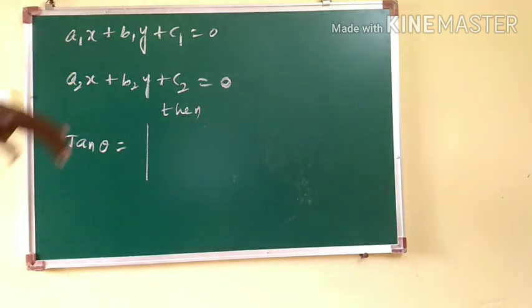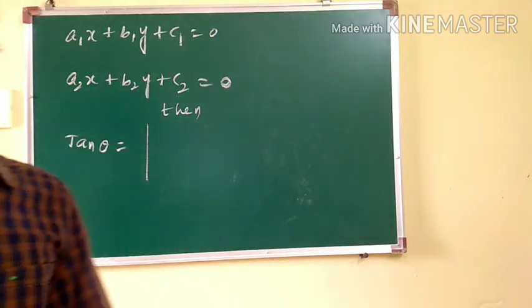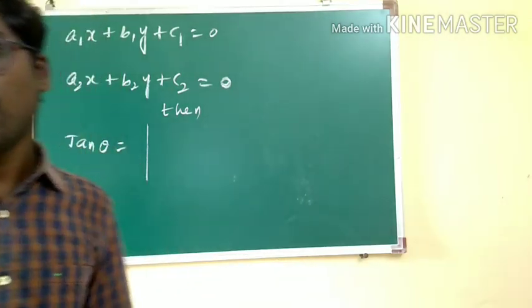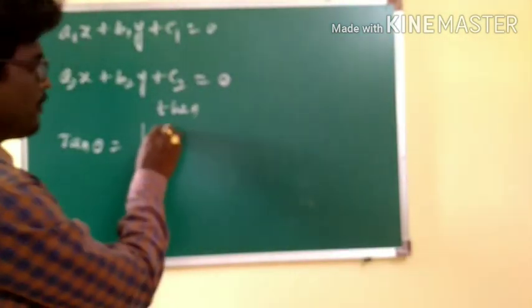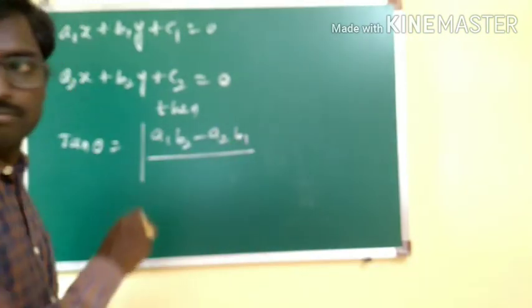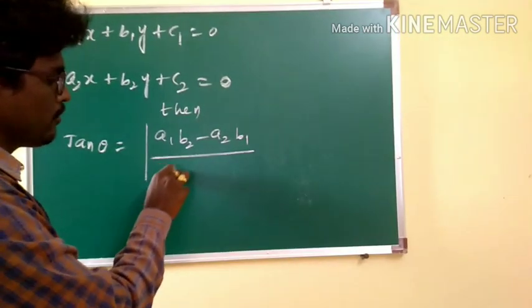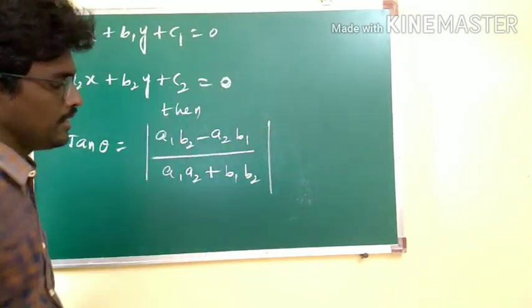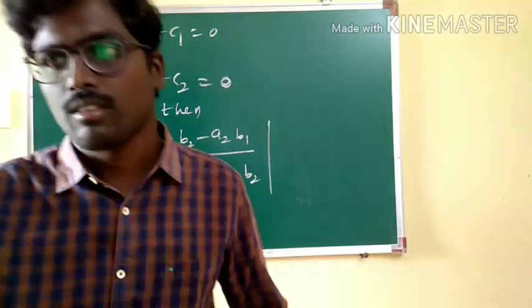What is the slope of line 1? Minus a1 by b1. What is the slope of line 2? Minus a2 by b2. Then in the formula tan theta is equal to mod m1 minus m2 by 1 plus m1 m2, we'll substitute those results. If you simplify, you'll get tan theta equal to a1 b2 minus a2 b1 by a1 a2 plus b1 b2.